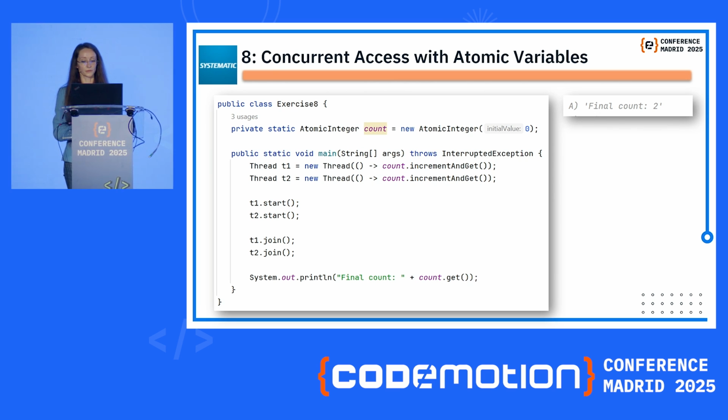We don't get an error. Afterwards, we have those two threads that are concurrently incrementing the count. So then in the main thread, we wait for both of them to complete before printing the final count. And because both of them will execute correctly, it will increment up to 2. That's the correct answer.